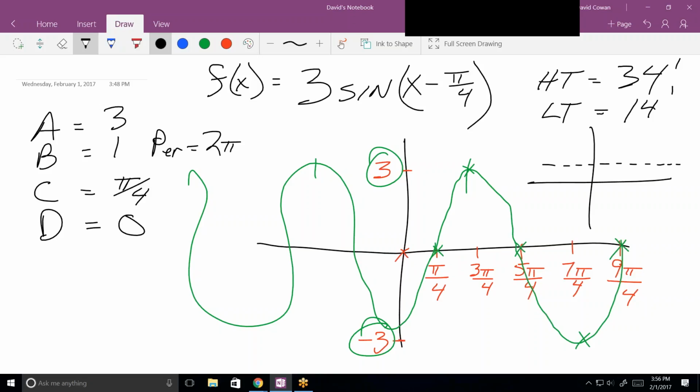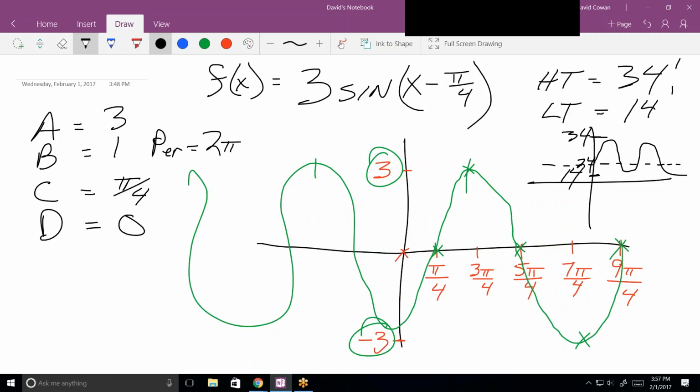I have to draw my line of symmetry at 24. And it goes up to 34 and it goes down to 14. And I would draw the curve like that.